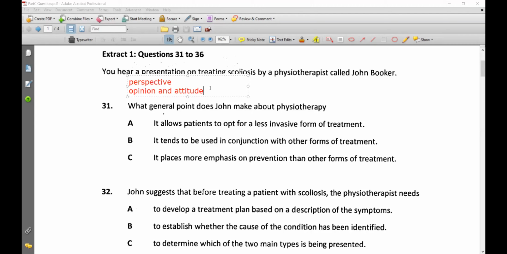So never ever in listening part C should you finalize your answer just because you think you know that it could never be this way or that way. No, because the interview or presentation that you have in the listening part C basically is not the concrete fact. It is the abstract fact. But again, because it is related to medicine, the speaker would not simply be giving out his opinion.